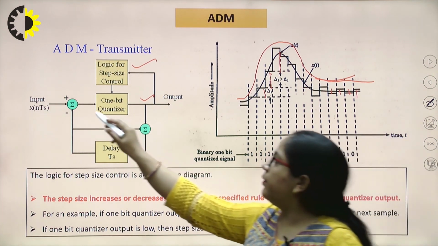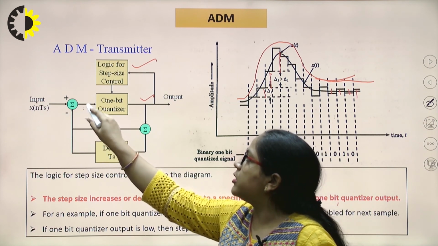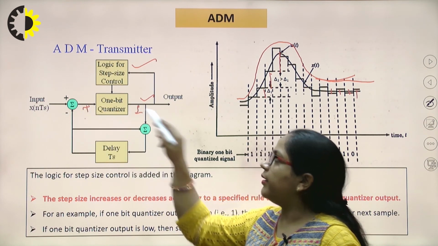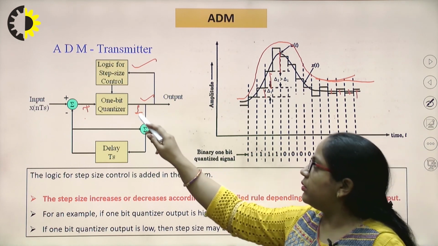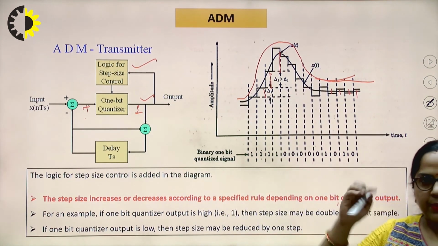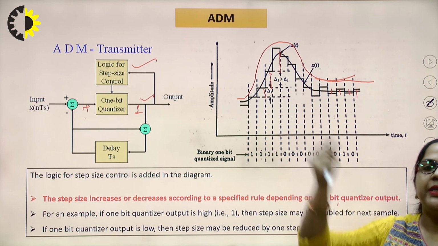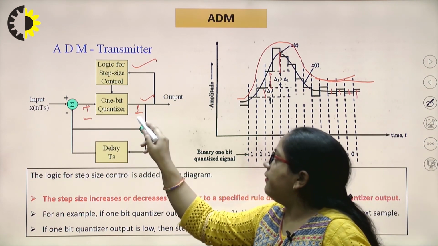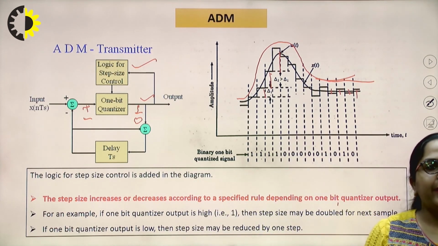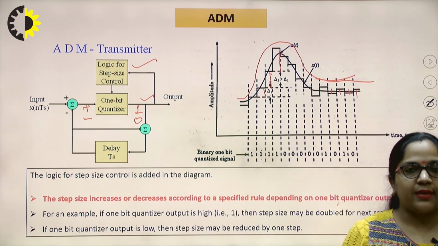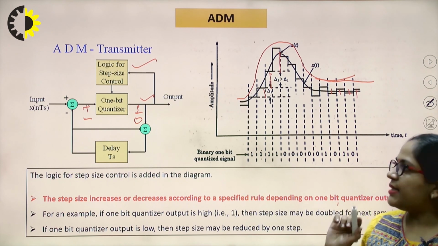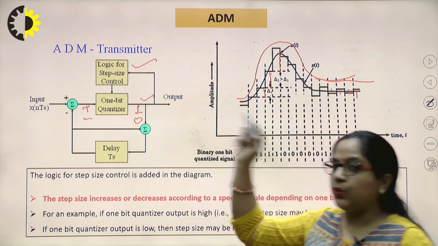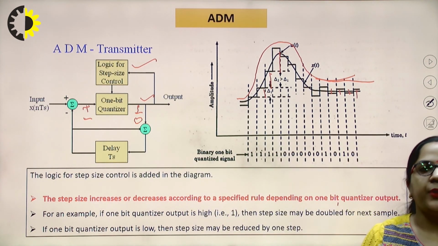What if the difference between these two is positive and we are getting binary 1 here? So the step size for the next sample can be doubled or can be tripled. If this difference is negative and we are getting binary 0 at the output, if the 1-bit quantizer output is low, then the step size may be reduced by one step or to half of the previous one.